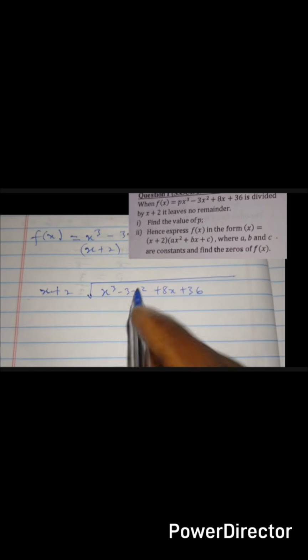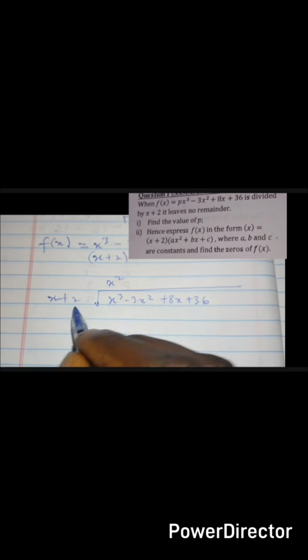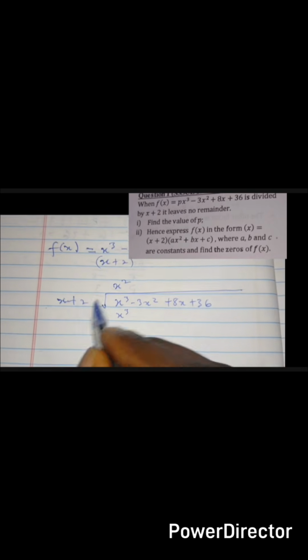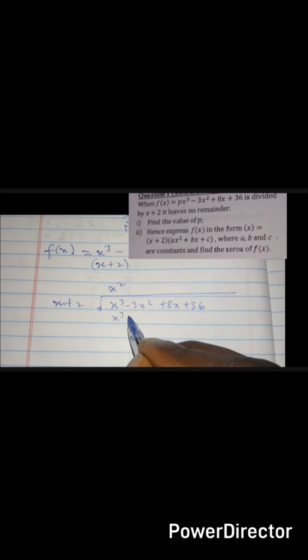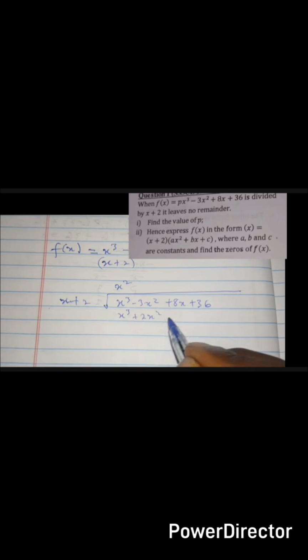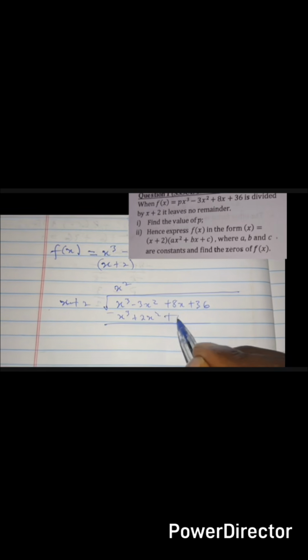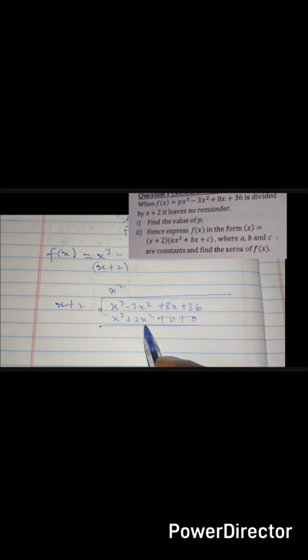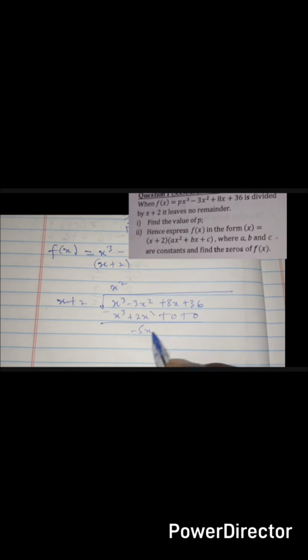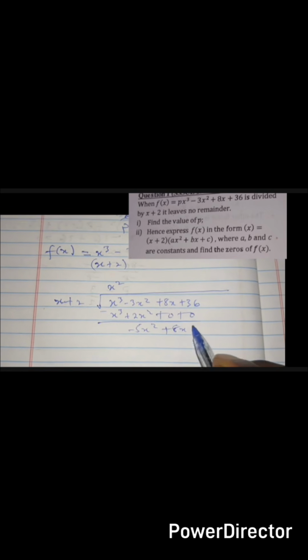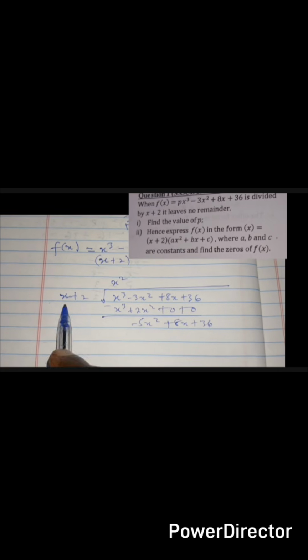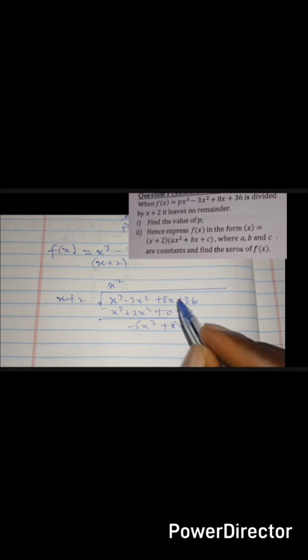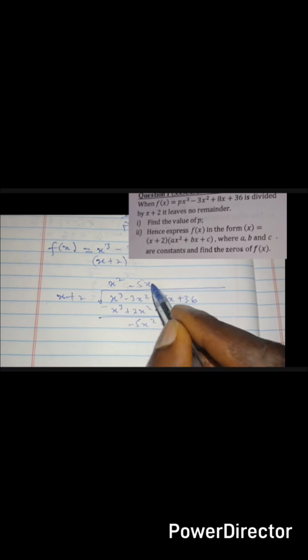Okay, now x goes into x cubed, x squared times. x squared times x is x cubed, x squared times 2 is 2x squared. Now minus 3x squared minus 2x squared is minus 5x squared. x into minus 5x squared is minus 5x.